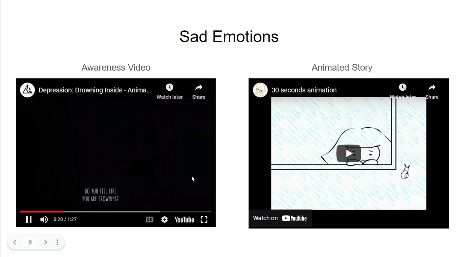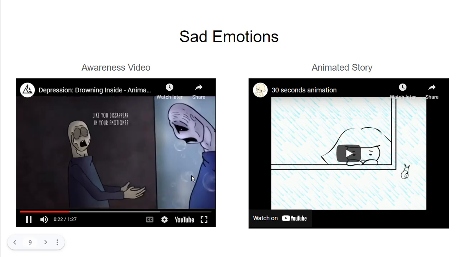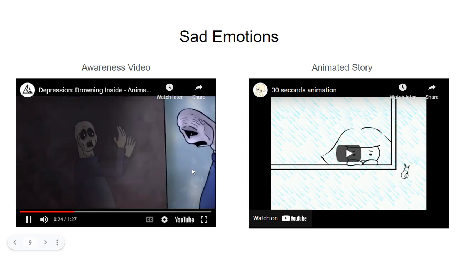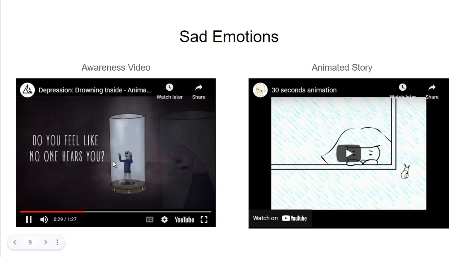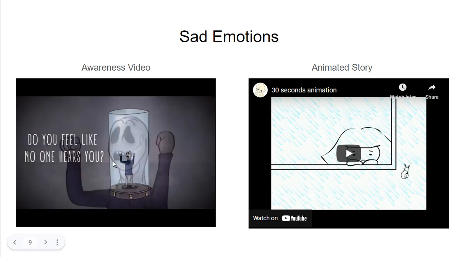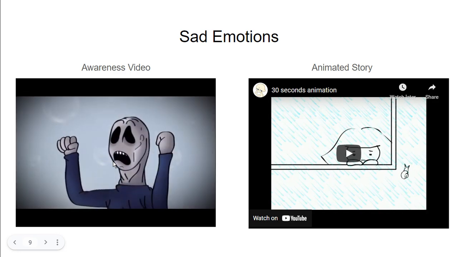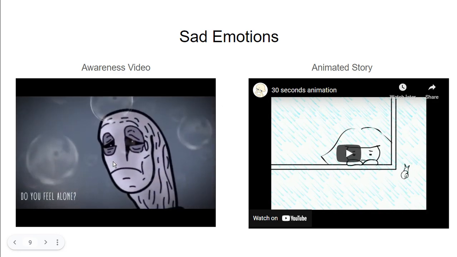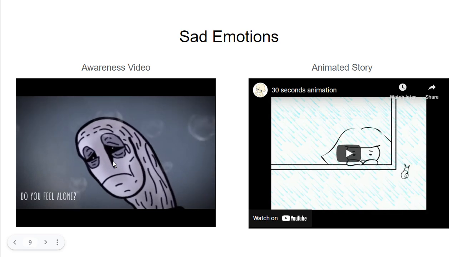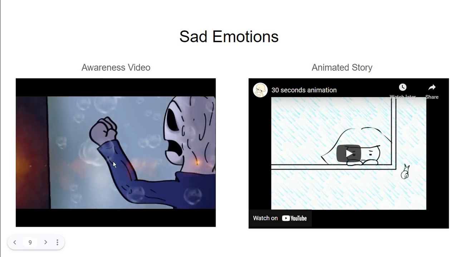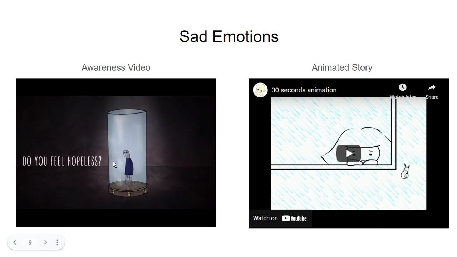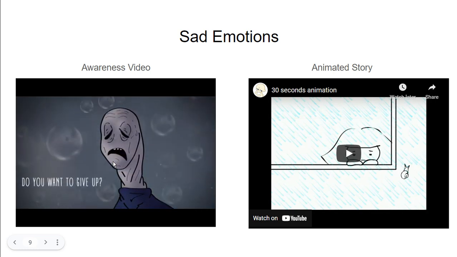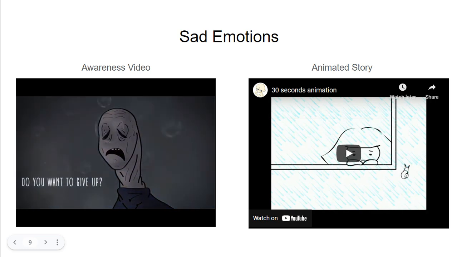Or blue, also associated with sadness, blue, gray colors. Containing shape, lots of negative space around the character, so that area around the character that is not filled with anything but the background, for the most part, creates the feeling of isolation.